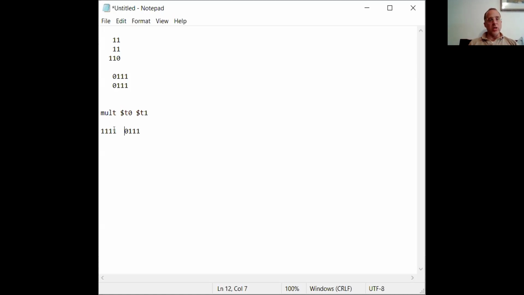The high would look totally good. It's just sign bits. But the low is missing its sign because it looks like positive. I need at least one 1 over here to maintain the negativity of that number.